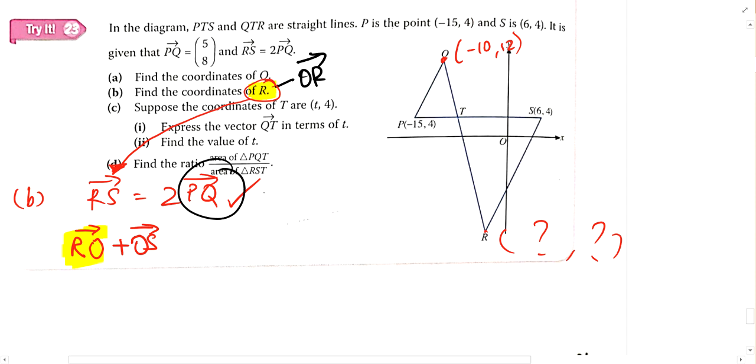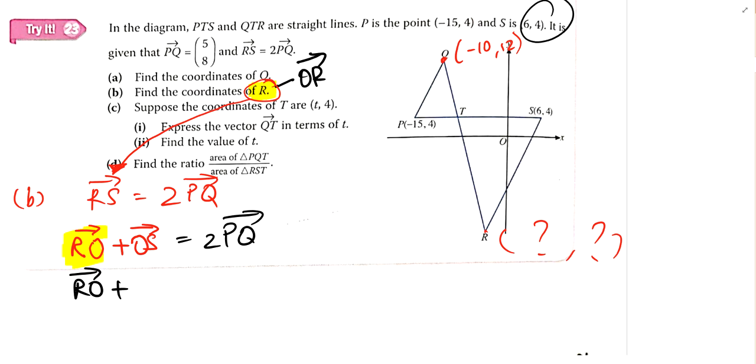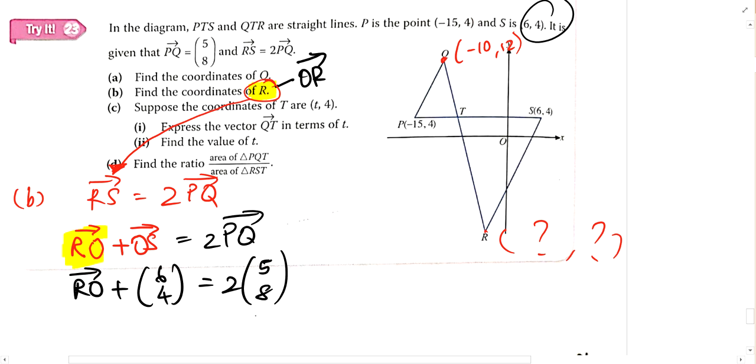Then this one, we have it already. OS, we also have it, right? Then, done already. This is equal to 2 times PQ. So let's put everything in. RO plus OS, OS (6, 4), equals 2 times PQ, which is (5, 8). RO must be equal to (10 minus 6, which is 4; 16 minus 4, which is 12).